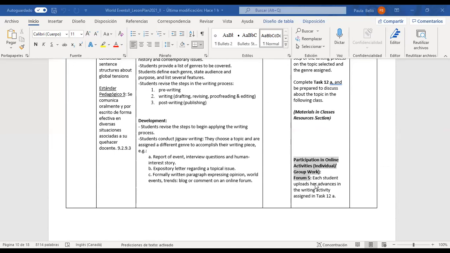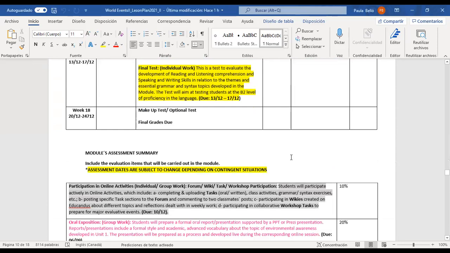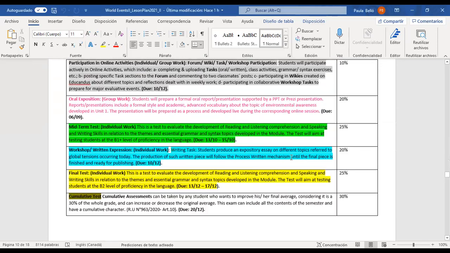So always you will have your task and your participation, but we will not have a portfolio, as Daphne was asking, because that's not the core of this module.